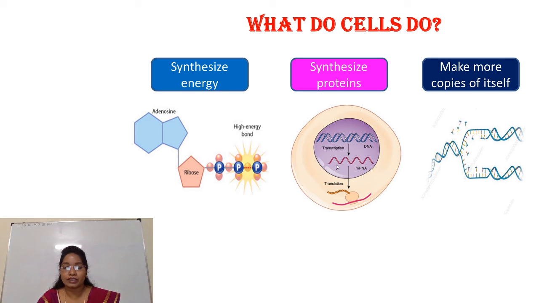In this figure, there are two processes, transcription and translation. And the third function is that cells make more copies of themselves. As we know, through DNA replication, cells can make more copies of themselves. So, these are three important functions of the cells.